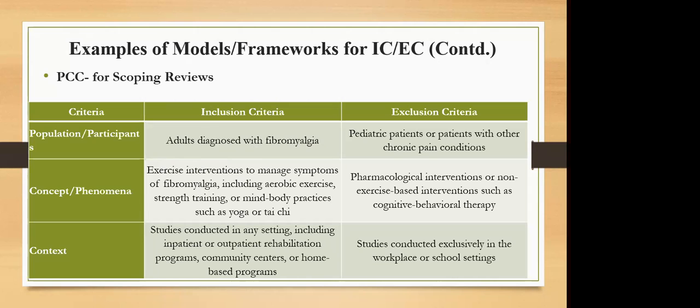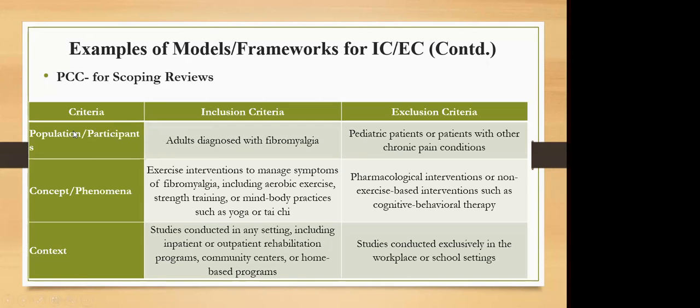So when you're writing a scoping review, you're just trying to map all the available evidence. There is no quality assessment for a scoping review because you want to know what literature is available for this particular concept or item that we are focused on answering. So that is going to inform your scoping review model.